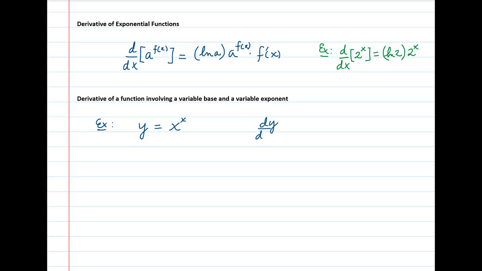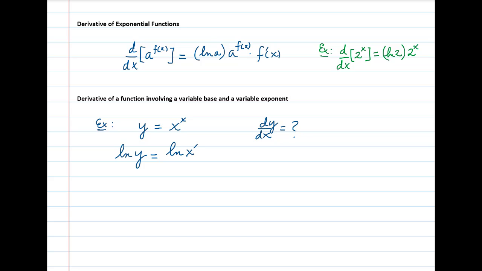So to find the derivative of this function, you might be tempted to use power rule or even the exponential rule that we just saw in the previous examples, but none of those are going to apply here because both the base and the exponent are a function of x.